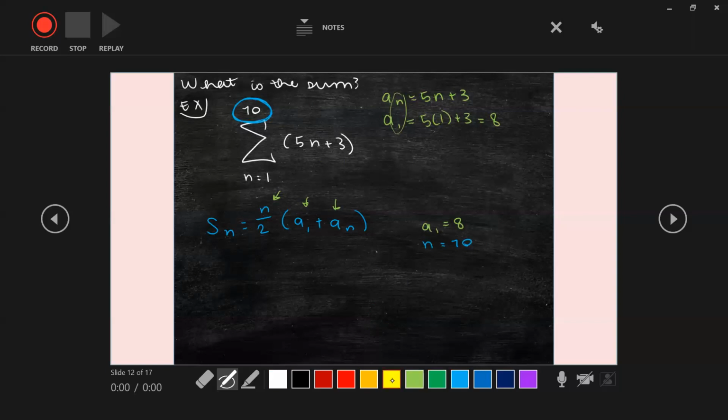If my n is 70 and I'm trying to find some a sub n, and I replace that n with that 70, then what is a sub 70?